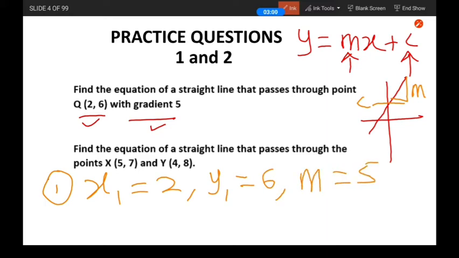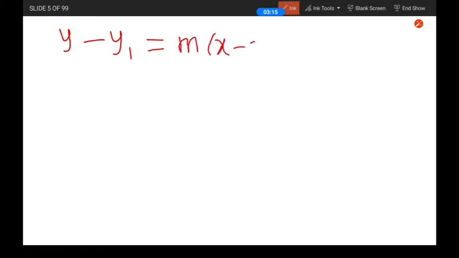Now, anytime you are dealing with a point and one gradient, the formula we are going to be using will be this. Please know this formula. y minus y1 equals m into x minus x1. So we now have y. From what we did, our y1 is 6, and the gradient we have was 5, and we have x1 as 2, right?